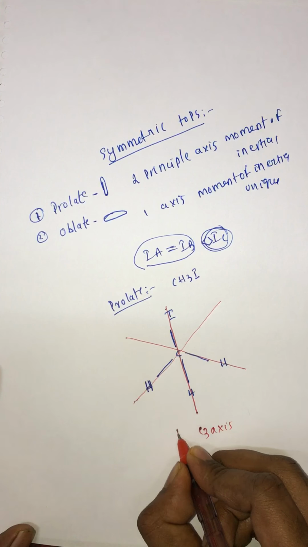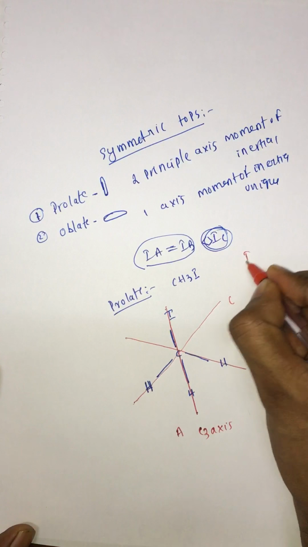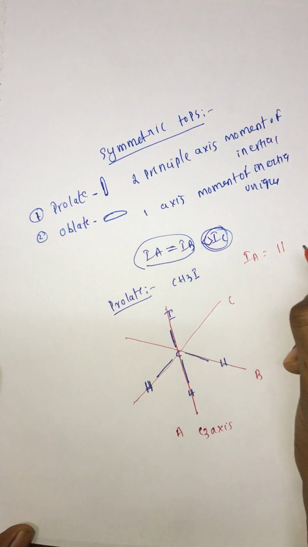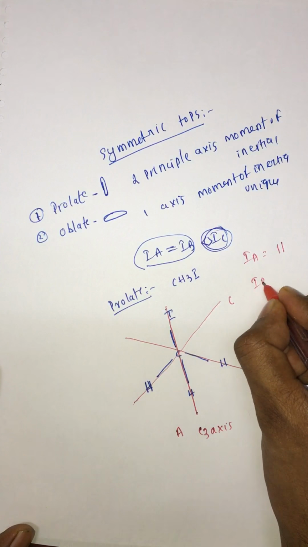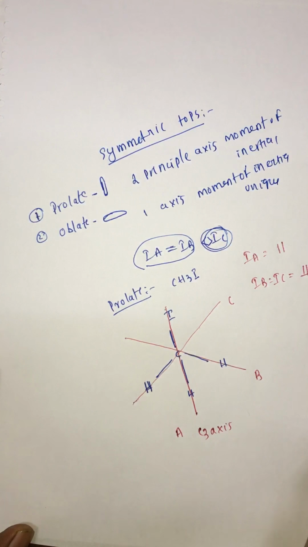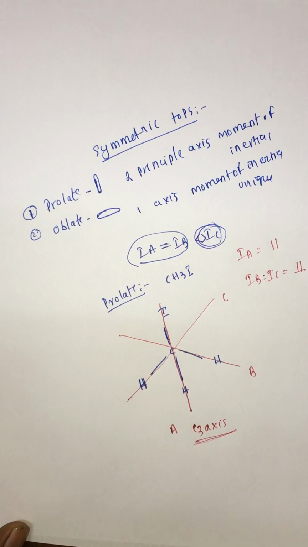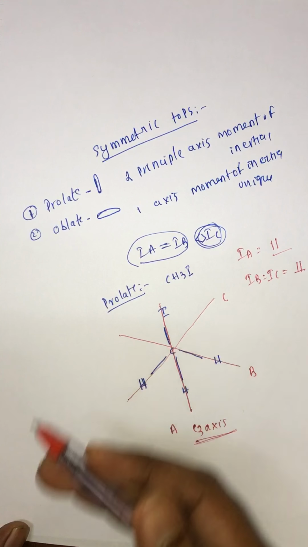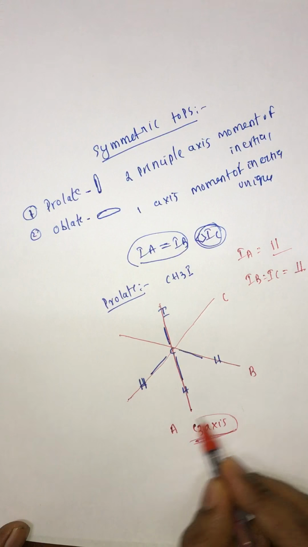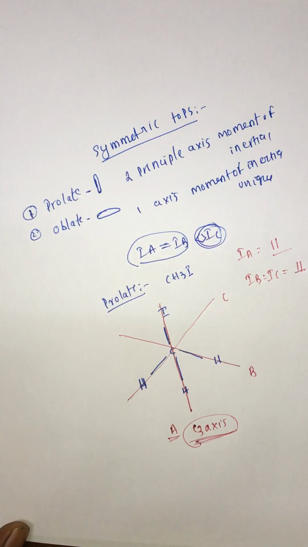Imagine this is the A axis, B axis and C axis. So here IA is the parallel axis and IB and IC are perpendicular axes, because here we have a C3 axis. Always remember, the Cn axis will be parallel, the other axes will be perpendicular. So IA is parallel and IB and IC will be perpendicular.